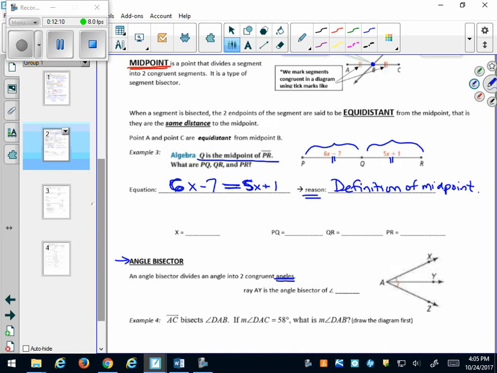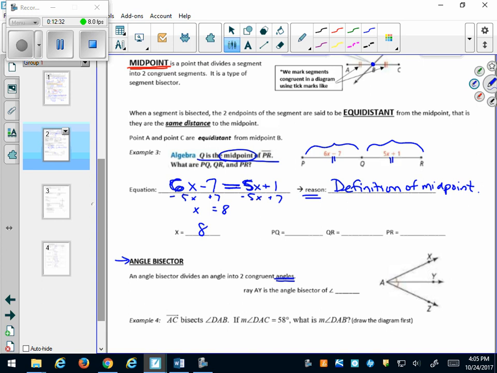So in a proof, or whenever you're asked the reason to justify that equation, it's because of this keyword that they told you that you knew how to write that equation. So when you solve this, subtract 5x from both sides, you get x, add 7 to both sides is 8. So x is 8.